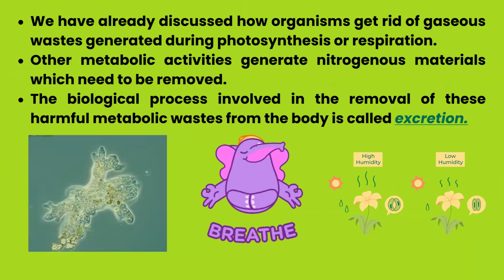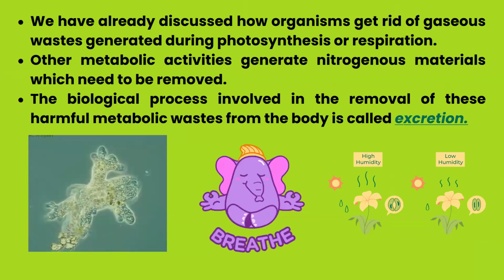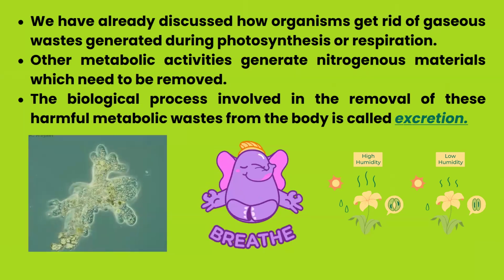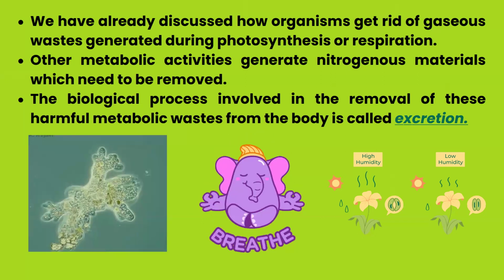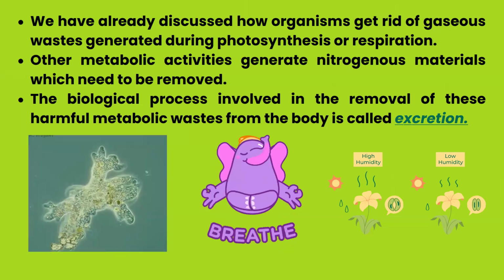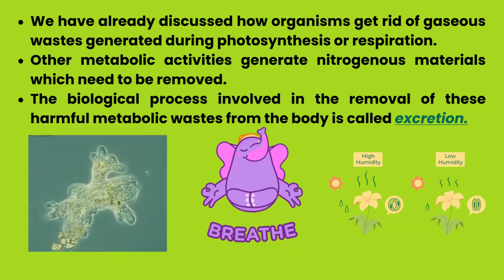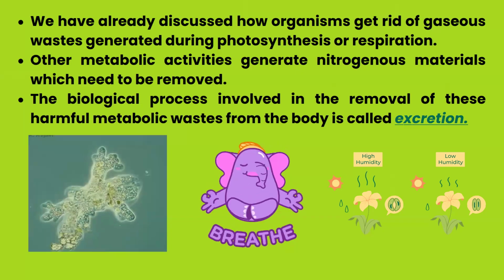Here we have to remember very carefully. We studied in the human digestive system the process called digestion. Here again, we are using the removal of harmful metabolic waste in the form of excretion.